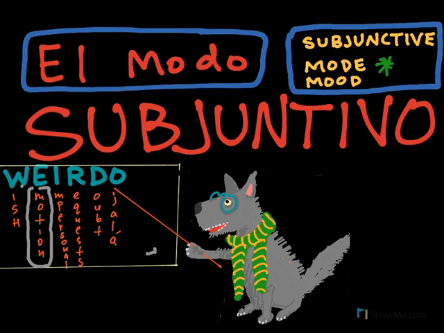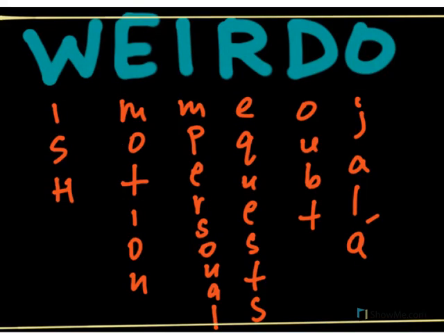Okay, so let's see. These are all the triggers that bring the subjunctive. So you have here wish, taken care of, emotion, we're taking care of today, impersonal statements, requests, doubt, and ojalá, which means I wish.